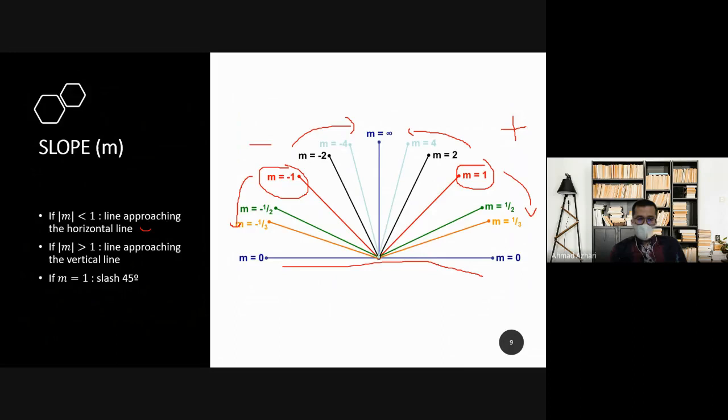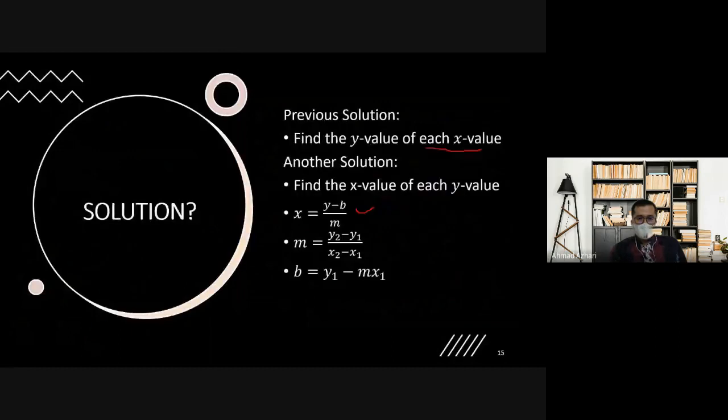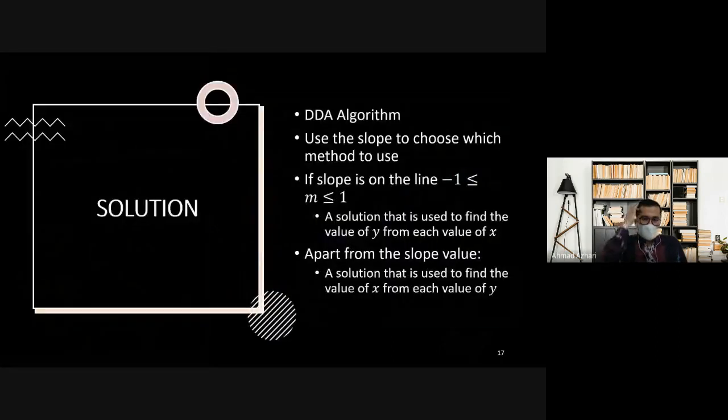If m is exactly 1, it is a 45 degree slash. So if the slope is between -1 and 1, a solution is to find the value y from each value of x.